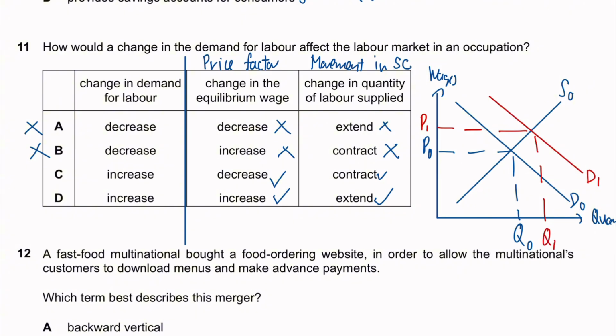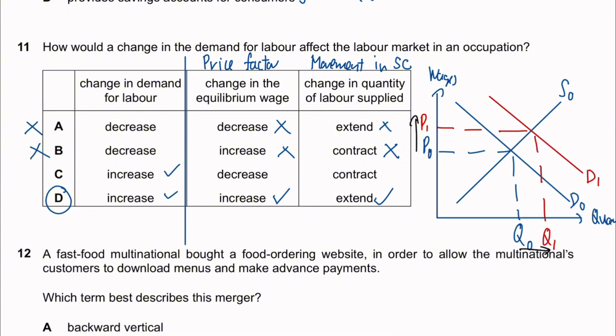So when there's an increase in demand, there will be an increase of price and an increase of quantity. Okay, so this is correct. There will be an increase in wages, and there will be an extension. So D is the correct answer.